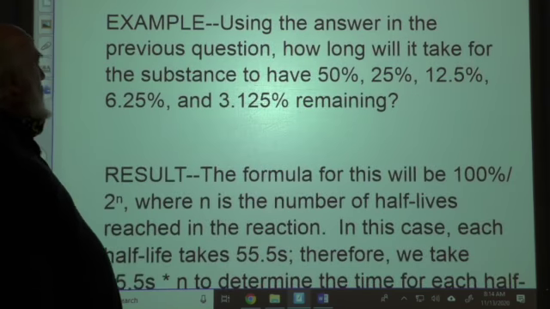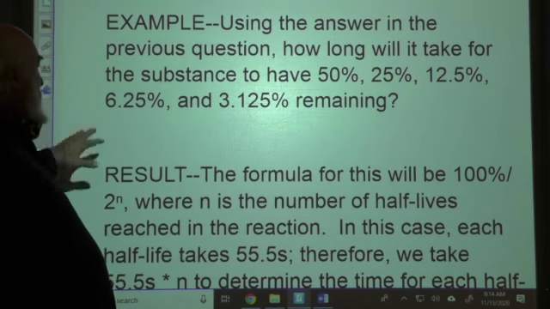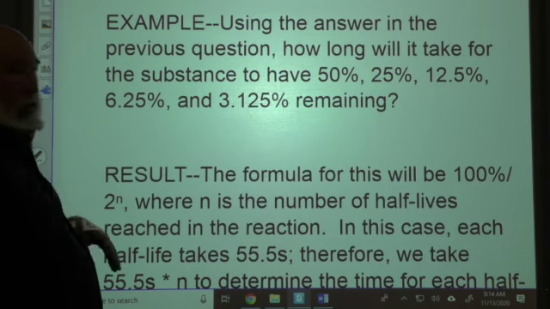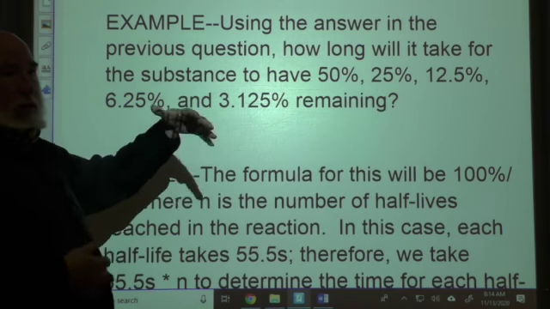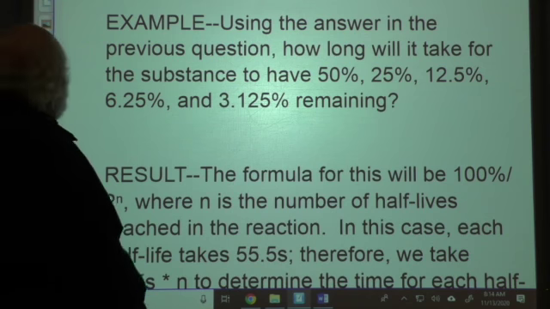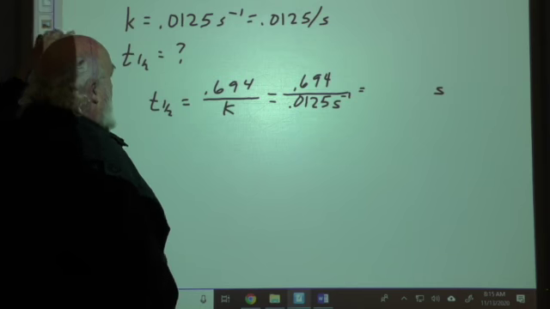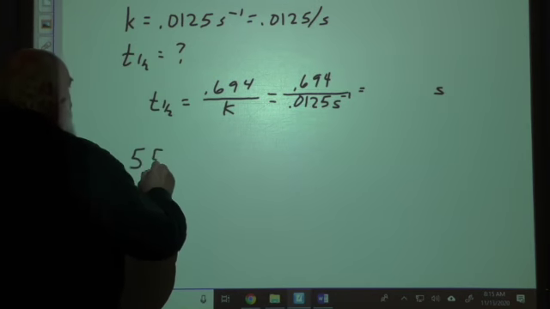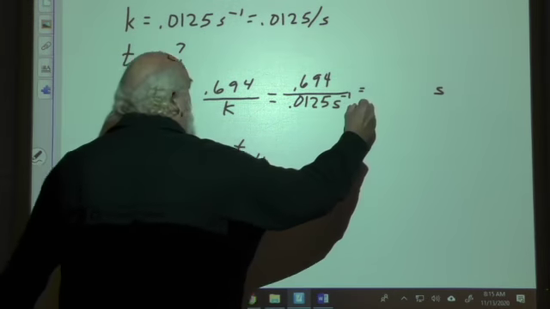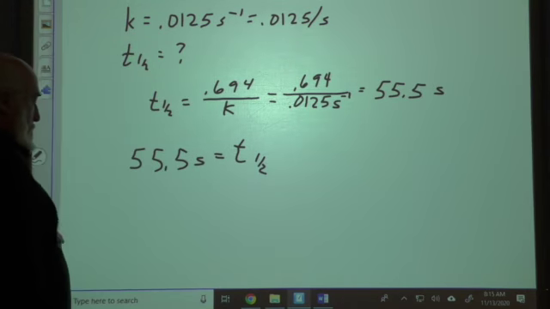Example: using the answer to the previous question, how long will it take for the substance to have the following percentages remaining? Okay, so now this is where we use the 0.5 to the n power formula that I gave you for this. So we have 55.5 seconds as our half-life. But this is going to be the framework for it.